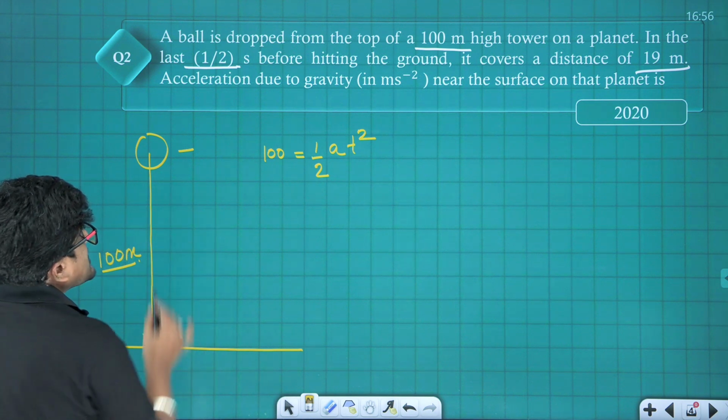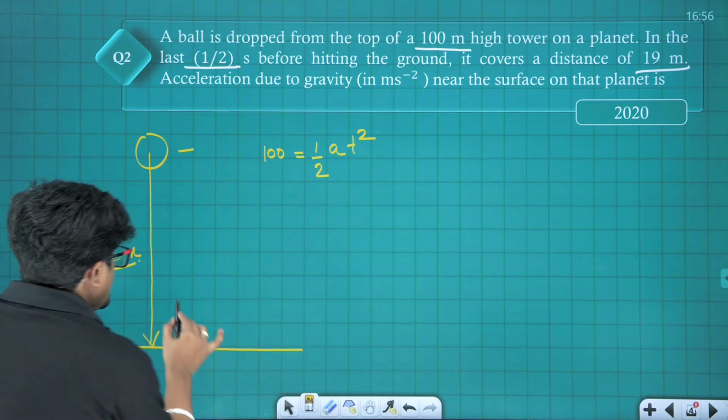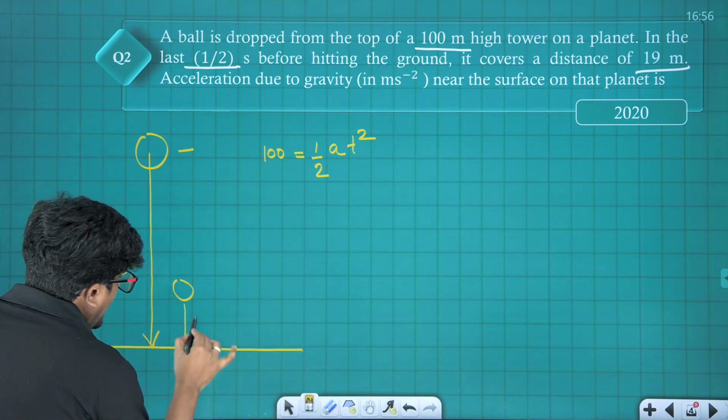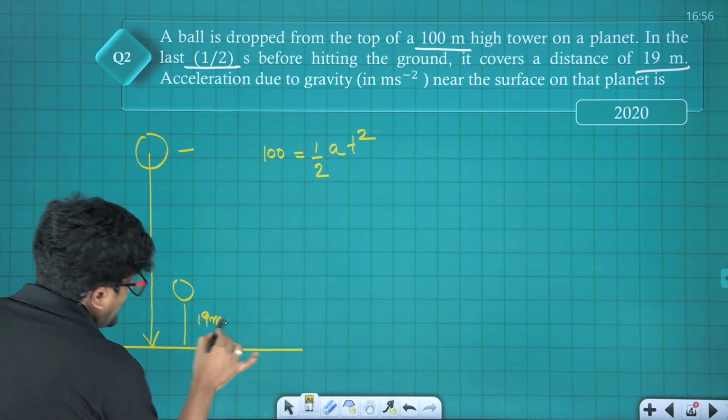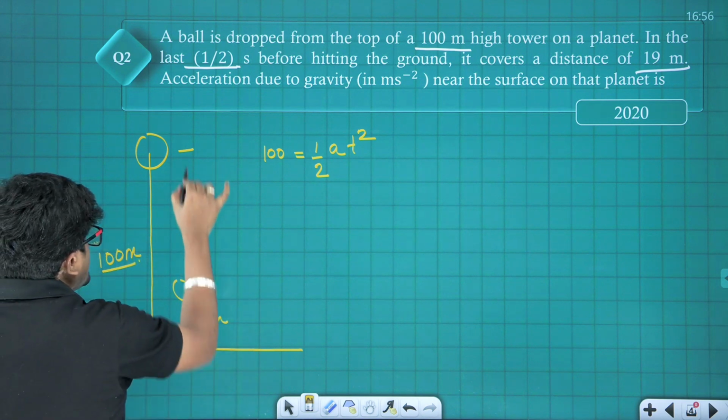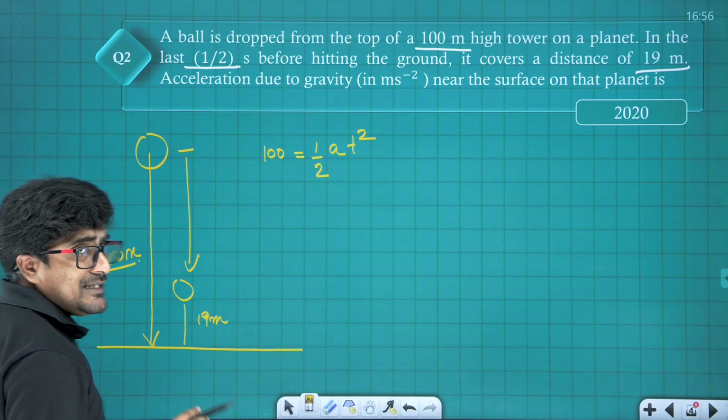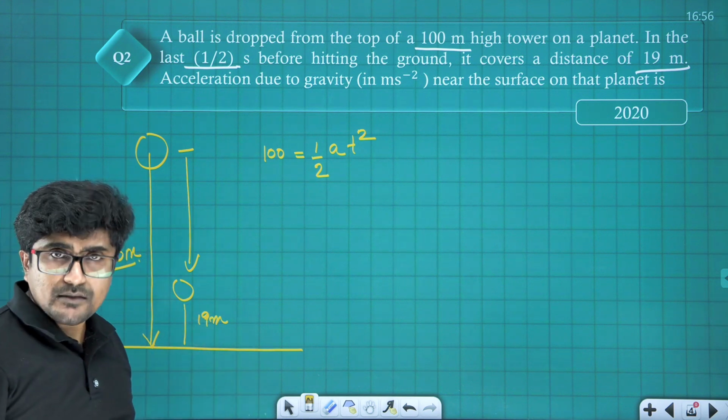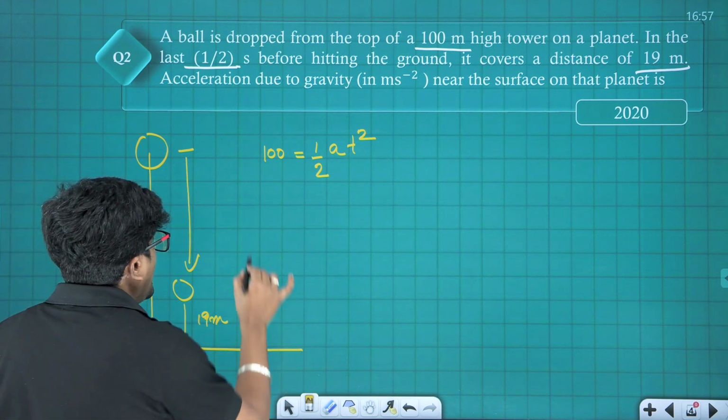Now, let us consider the situation where the body is at a height of 19 meter from the surface. Now, what is this distance? This distance is 100 minus 19, that is 81.